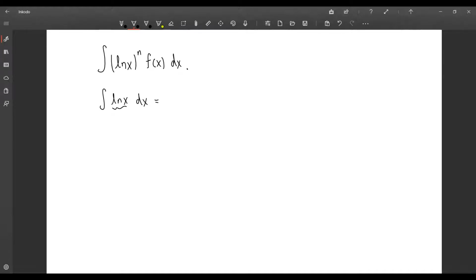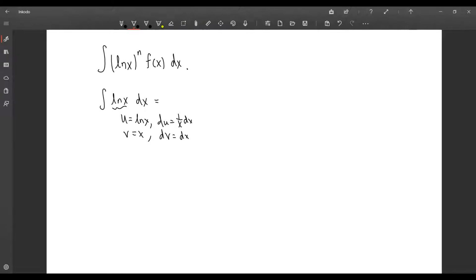So let's say u equals ln x and v equals x. So du is 1 over x dx, and dv is dx.